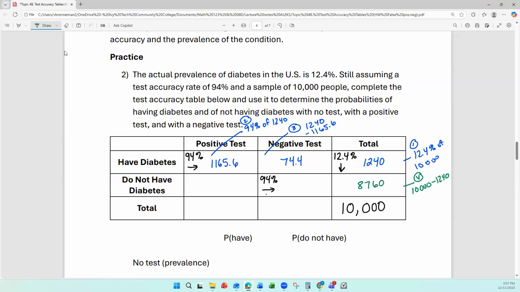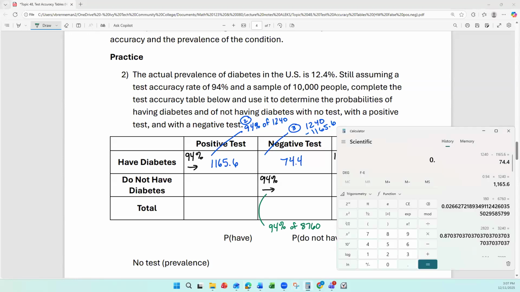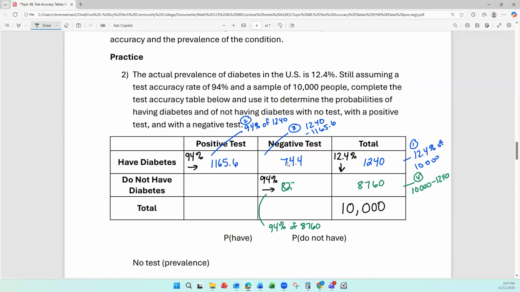And then I go, all right, of those 8,760, 94% get a correct negative test, which is 8,234.4. And then I can calculate the rest of the 8,760 as an incorrect positive test.